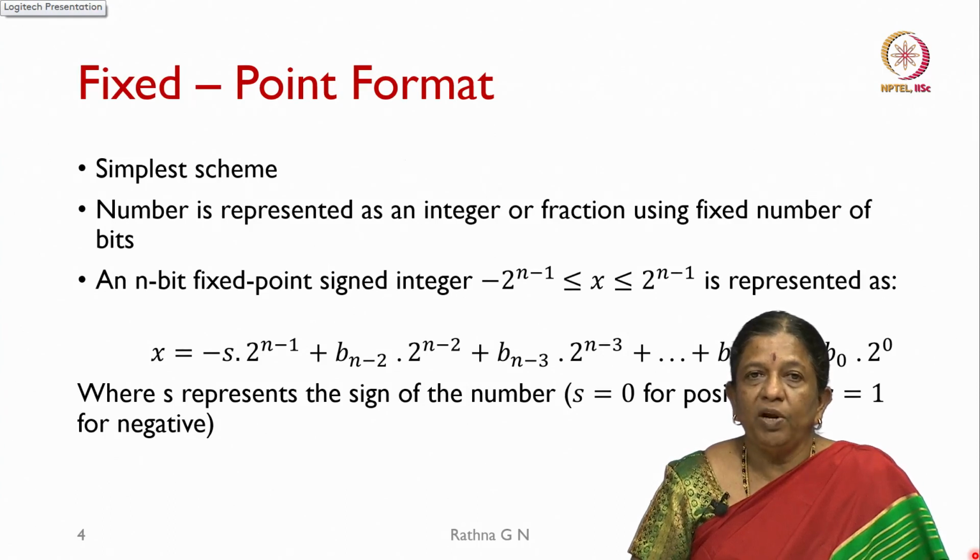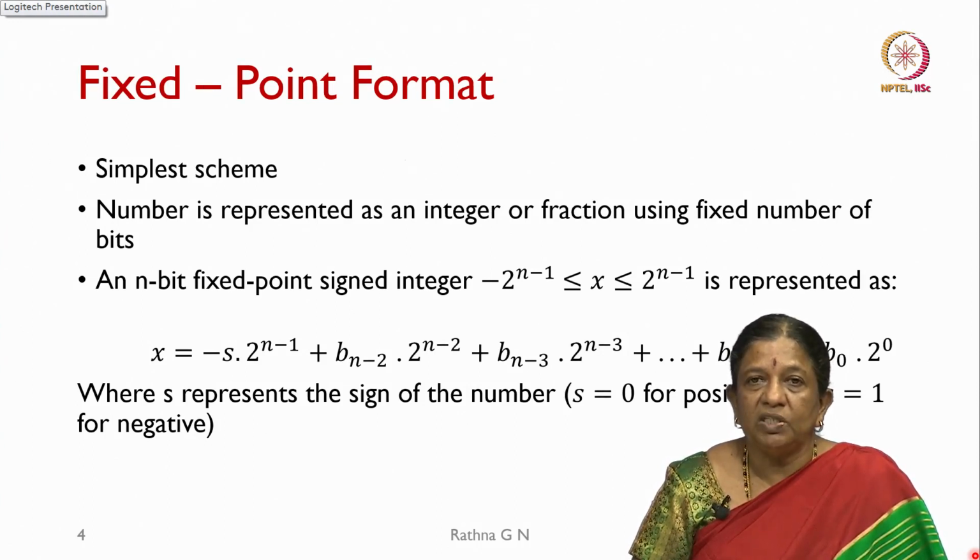Coming to the fixed point format, we know that it is the simplest scheme. We represent the number as an integer or fraction using a fixed number of bits. An n bit fixed point signed integer, as we mention again, is a signed integer that I am representing. The representation will be from minus 2 power n minus 1 to 2 power n minus 1, where x is the number we are representing, which is given by minus s into 2 power n minus 1, where s represents the sign bit of the number.